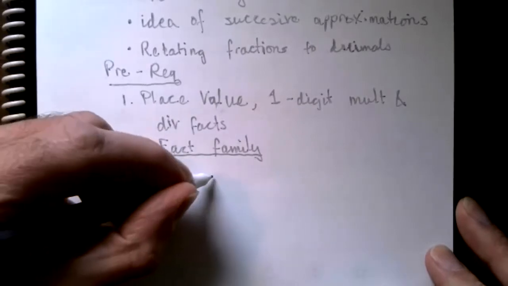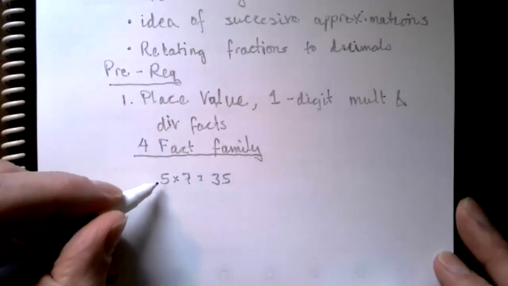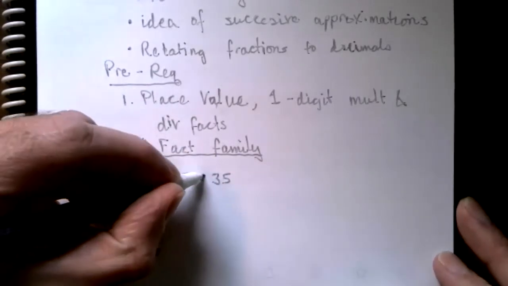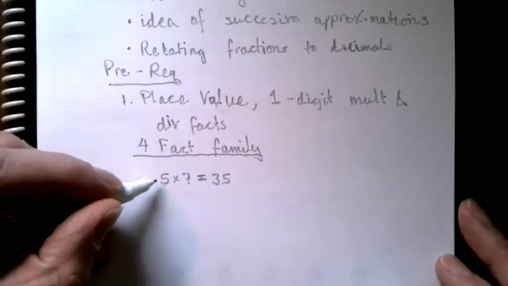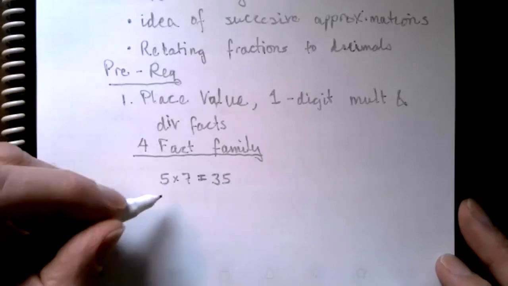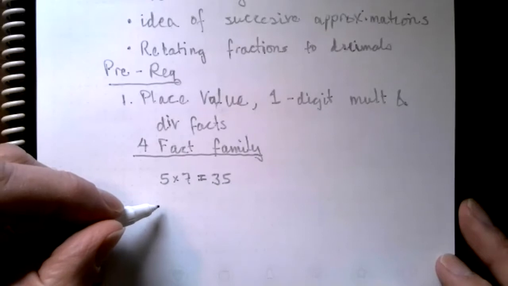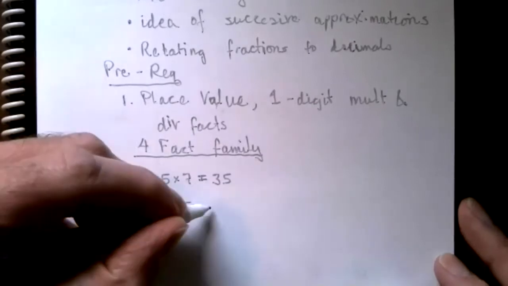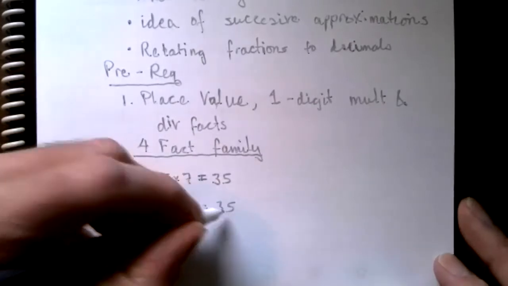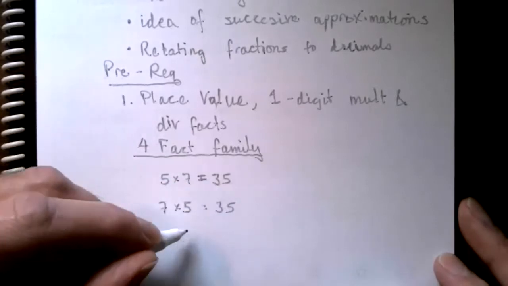Let's say this is one fact, but we automatically get another fact for free using the commutative property. So if we know 5 times 7 is 35, we also know another multiplication fact. What is it? 7 times 5 equals 35. Right, because multiplication is commutative, we can change the order. So if you know 5 times 7 equals 35, you automatically know this.